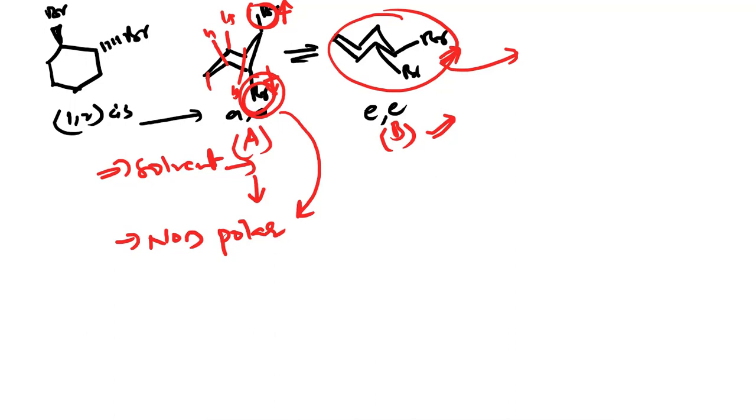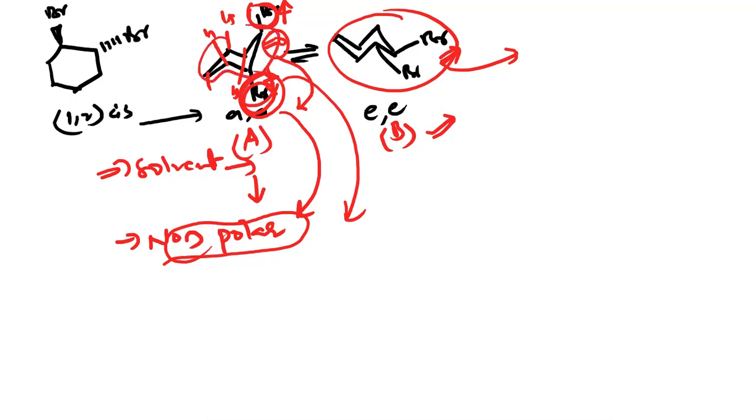So the dipole moment is almost zero, and dipole moments do not play any role in deciding which conformation exists in that solvent. So in non-polar solvent, the diaxial dibromocyclohexane chair conformation exists.